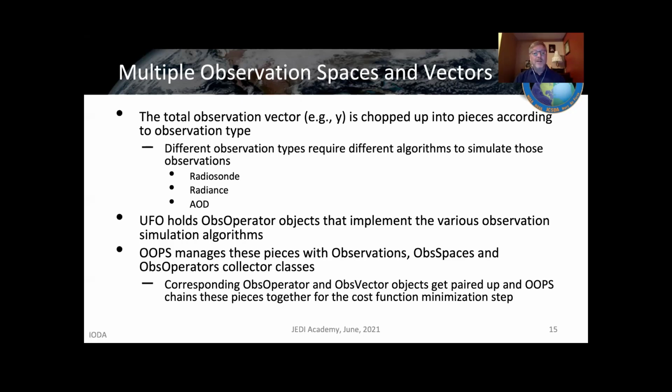This is a way of organizing things so that you pair up obs operators and obs spaces together, and they just know how to operate on each other, and they don't have to go through a big long list of if statements figuring out what it is.